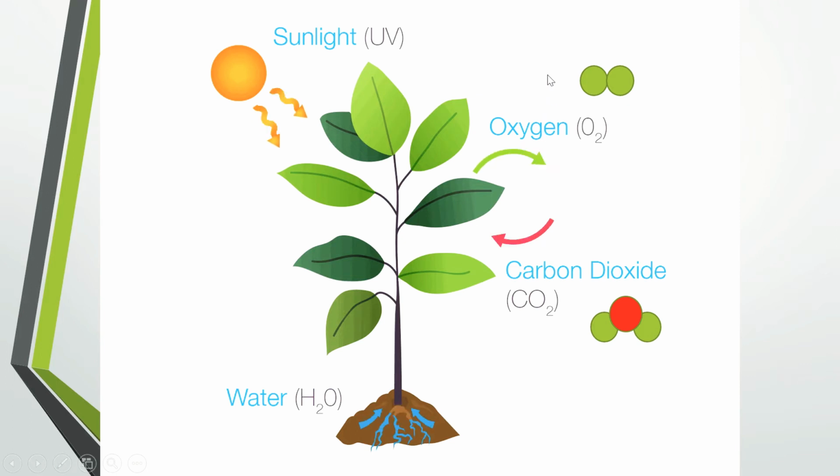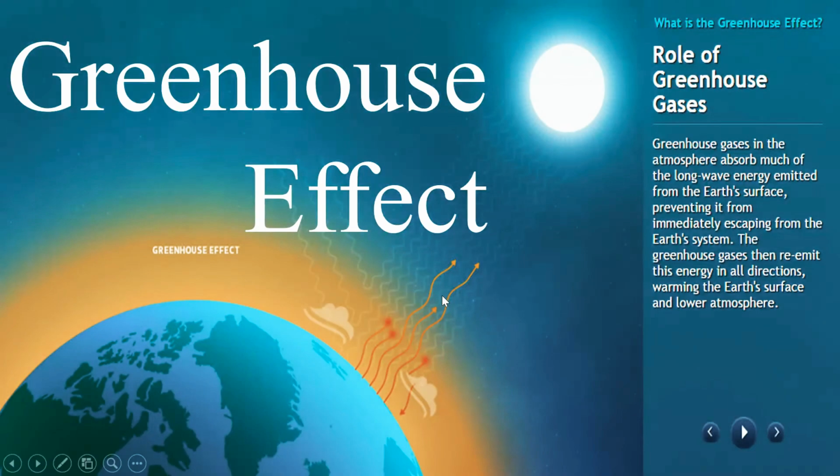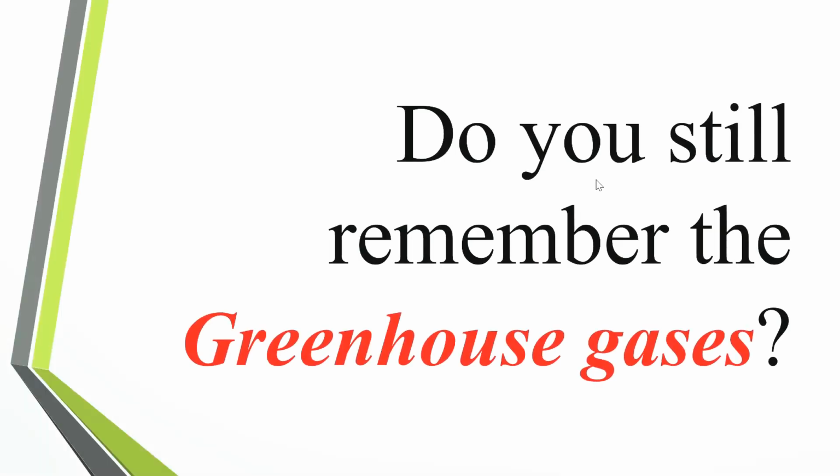Since we lessen the number of plants, the oxygen production might be affected, and this carbon dioxide will just scatter, and that will produce greenhouse effect. So now, do you still remember the greenhouse gases?